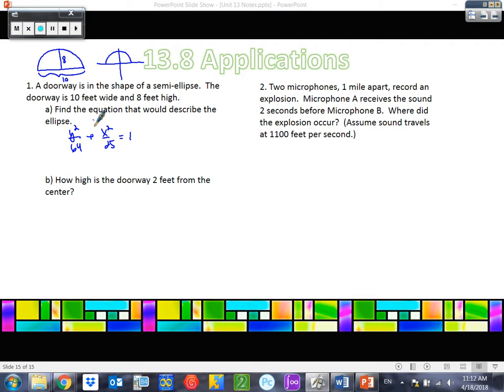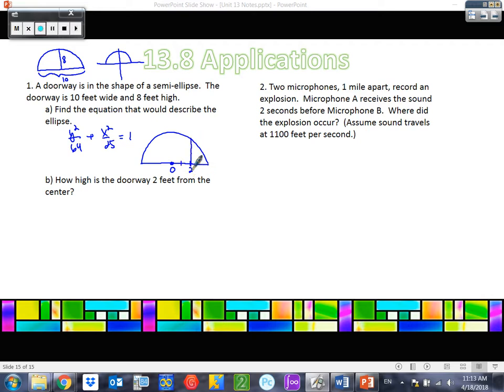It says, how high is the doorway 2 feet from the center? Okay, so let's look at the doorway again. We placed the center at 0, 0, right? So this would be an x value of 2, 2 feet from the center. I'm going to go 2 this way.